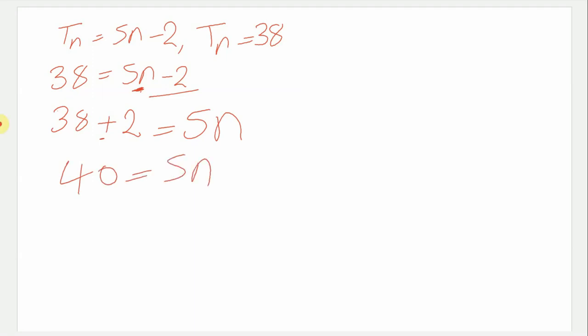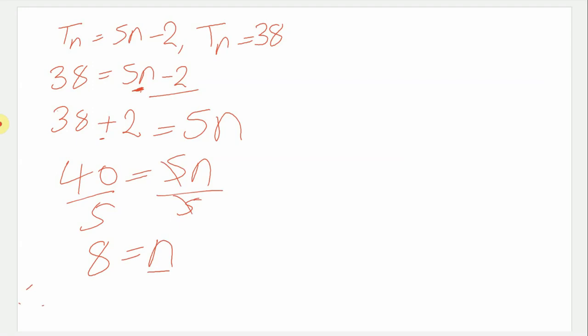Now what do you do to solve for n? Divide both sides by 5. 5 will cancel 5, and 5 into 40 is 8, so n equals 8.